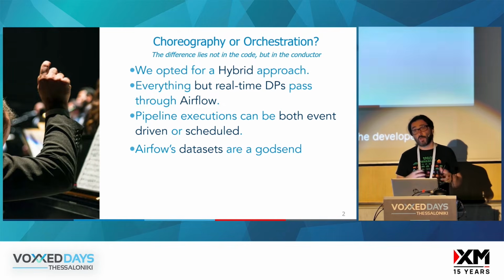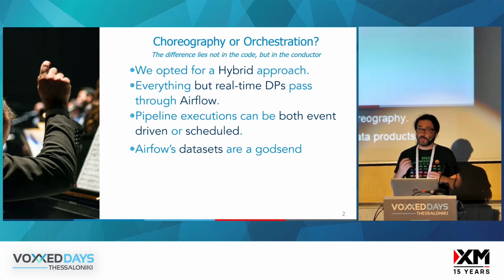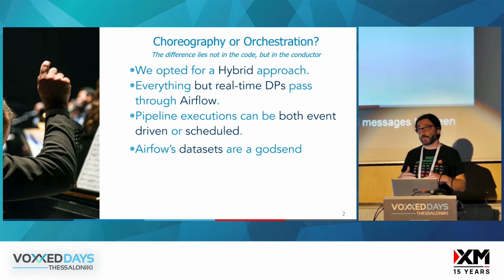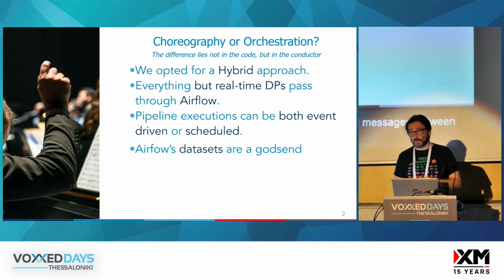We have all our not real-time data products go through Airflow and be orchestrated there. We are making heavy use of Airflow's datasets. So in essence, we are passing around messages between the different data products based on their state and status, where each data product then is on its own responsible for starting its recalculations or the fetching of new data or anything that is needed.